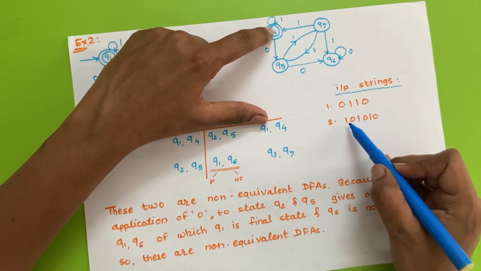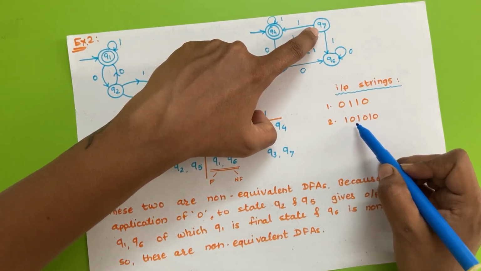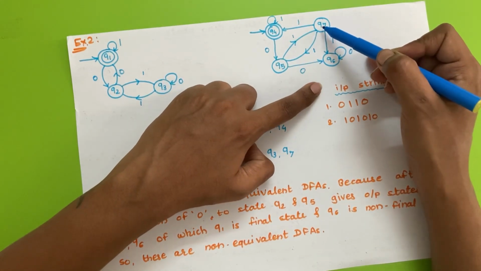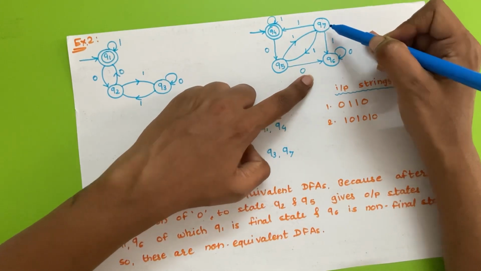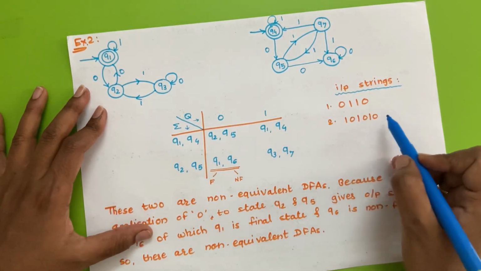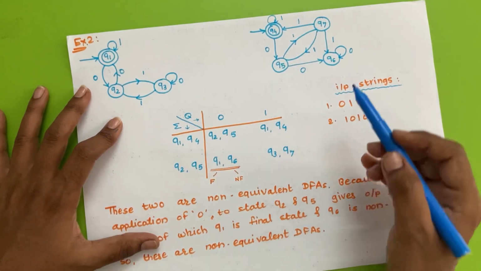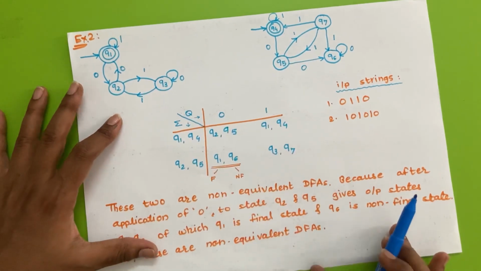So 1, then 0, then 1, then now we don't have any transition at Q7 for input symbol 0, so we'll be stuck at Q7 only. This means this string will not be read by this finite automata. So we can say that these two are non-equivalent finite automatas.